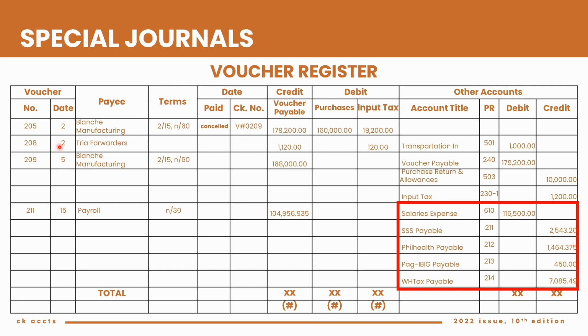And also take note, pagdating dito sa ating mga record, may mga lapses in between ng voucher number nila. So, we have dito sa nauna, voucher number 205, tapos voucher number 206, tapos ang sumunod na agad ay voucher number 209. So, probably, meron pang transaction in between netong dalawa.